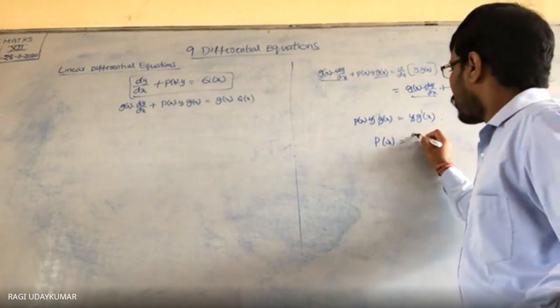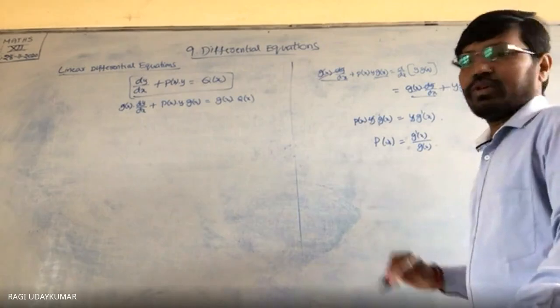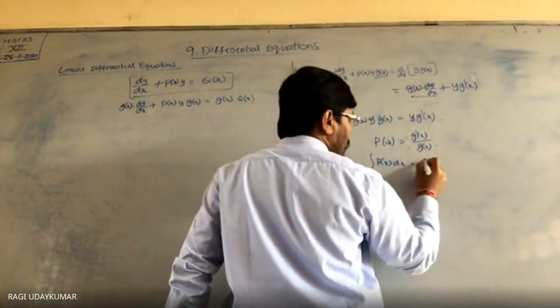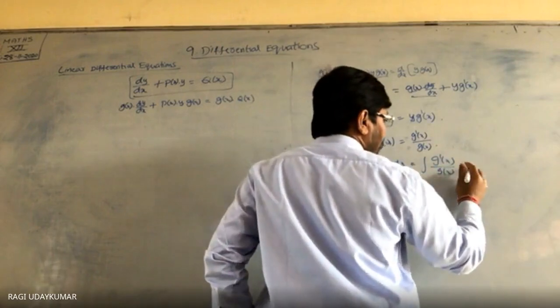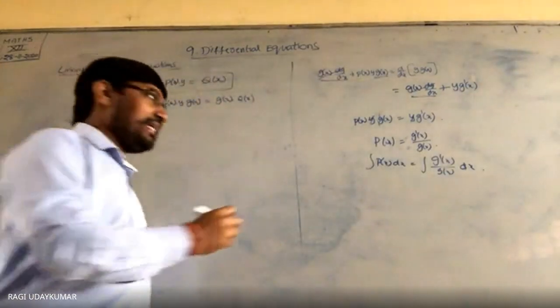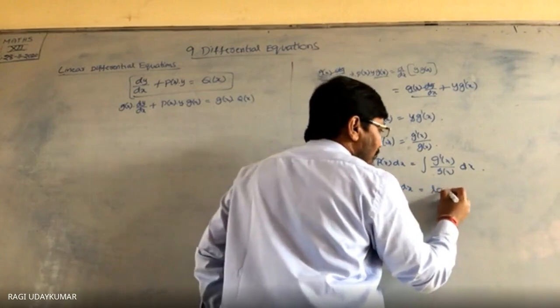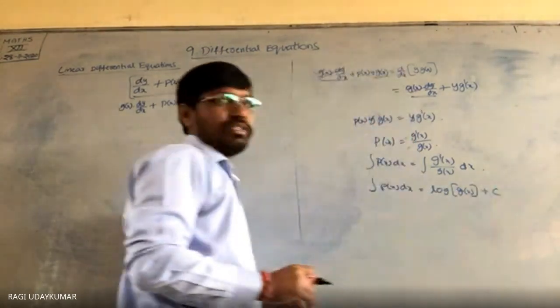Then we get g'(x)/g(x). So now you integrate this one. Integration of p(x) dx equals integration of g'(x)/g(x) dx. So integration of p(x) dx equals log g(x) plus some constant.